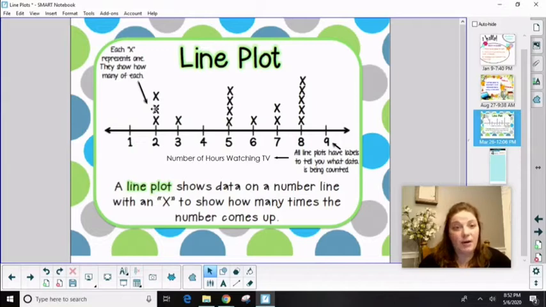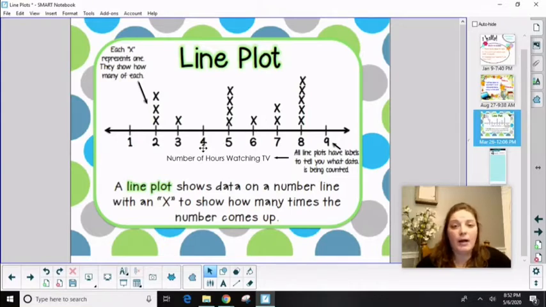I stack their X on top of your X. And if a third student watches 2 hours of TV, I put their X on top. I ask another student, how many hours of TV do you watch? They say 3 hours, so I put their X on the 3. And that's what all of these X's represent.